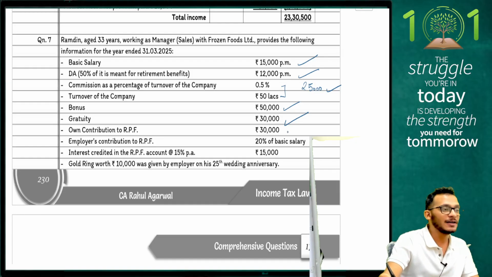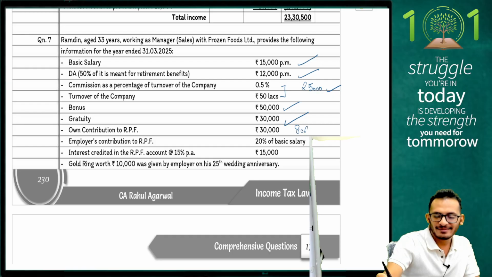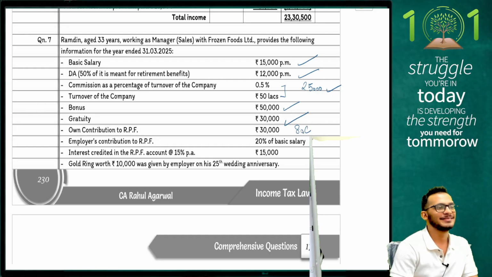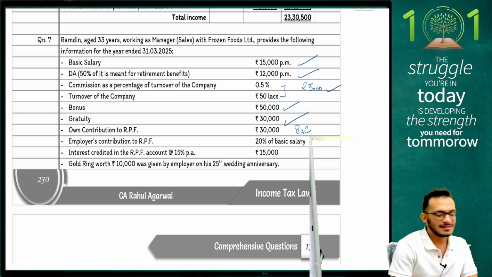Own contribution to RPF, 80C. People, in the fortnight you were not supposed to answer it because it was a question on salaries. Now it is a question on total income, which means 80C.